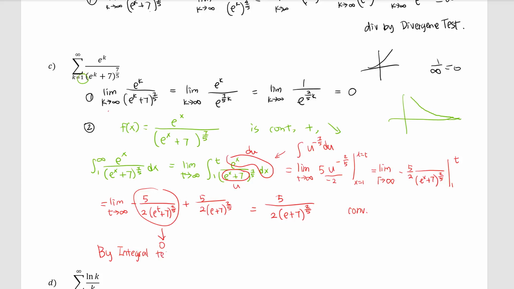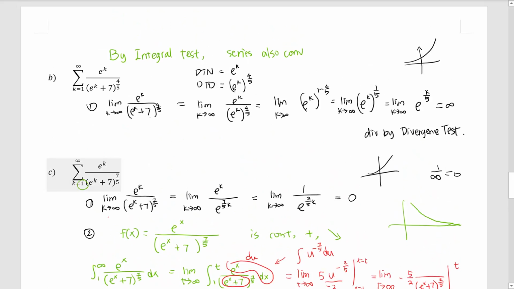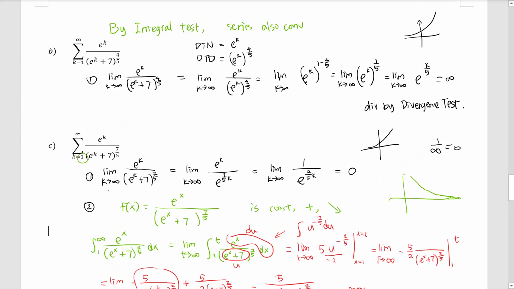So by the integral test, our series also converges. Okay, so that is the solution of part C. You can see part B and part C, I changed a little bit, and the amount of work is quite different. Part C requires much more.